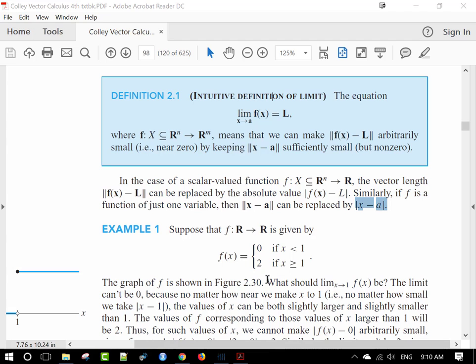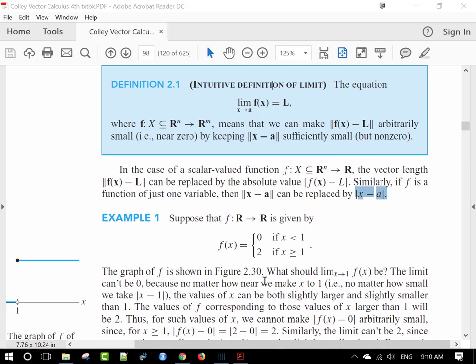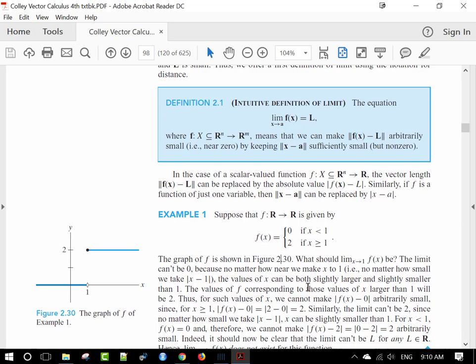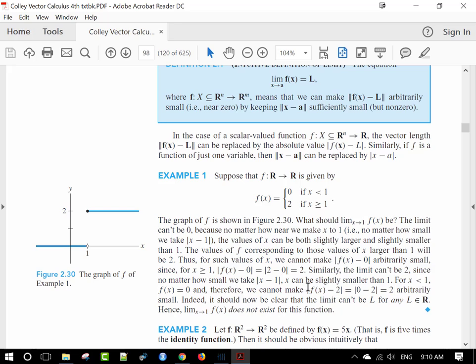Okay, so suppose we had this function here, which looks like this. And they're going to ask what is the limit at 1. So as we get closer and closer to 1, what is the limit?